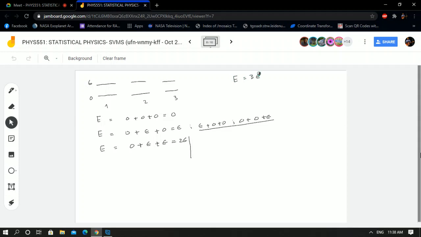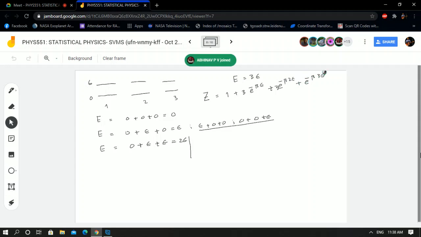Now if I want to calculate the total partition function, I have to write 1 plus 3 times e to the minus beta epsilon plus 3 times e to the minus beta 2 epsilon plus e to the minus beta 3 epsilon.